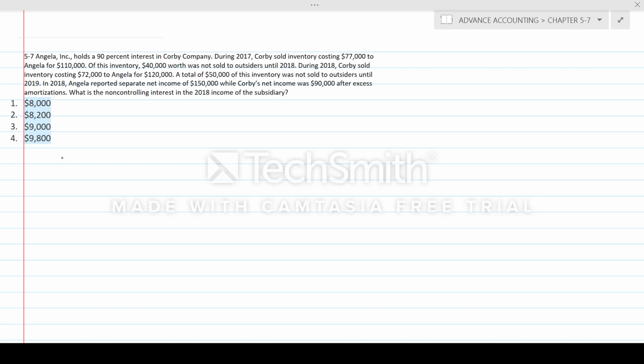So for this problem, we're gonna use a similar approach. What's gonna help you is following these formulas.